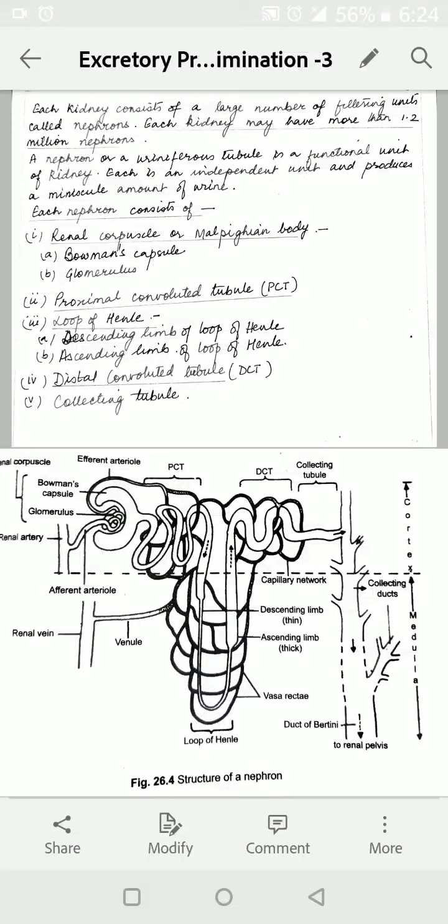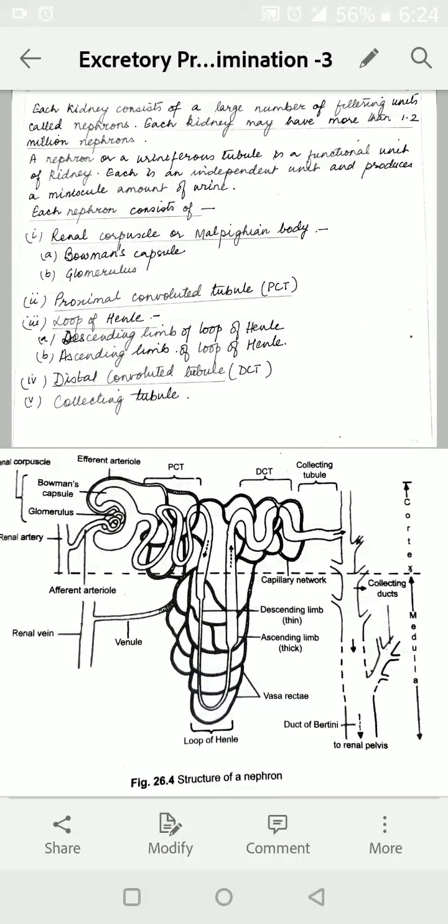Each nephron consists of 5 main regions, and it is an independent unit and produces a very small amount of urine.